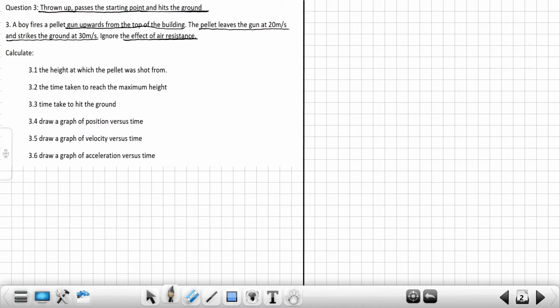So I definitely know from the statement that I should ignore the effects of resistance. It automatically says to me then that the only force acting on this object, the pellet, can only be the force of gravity. Then I will be able to answer my questions correctly.